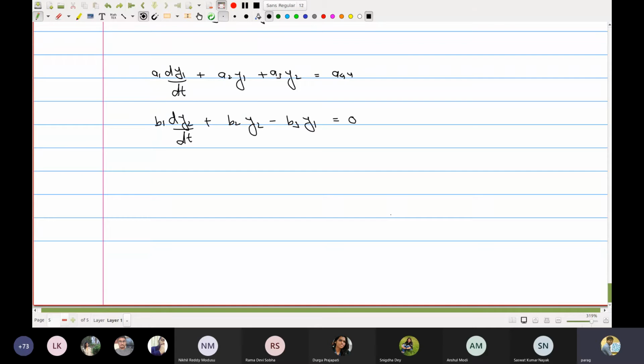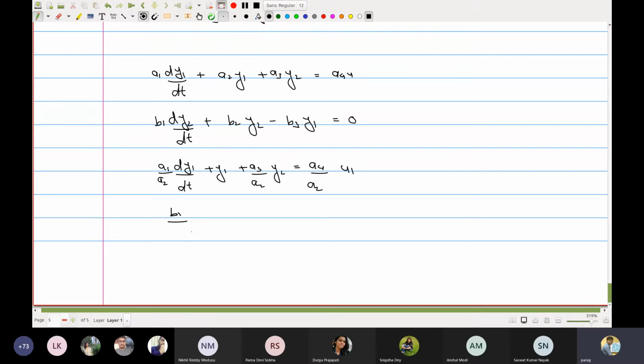Okay, so now I need to do the Laplace transform. Before doing the Laplace transform, I will write this as dy1 by dt times a1 upon a2, plus y1, plus a3 by a2 y2 equals a4 by a2 u, right?